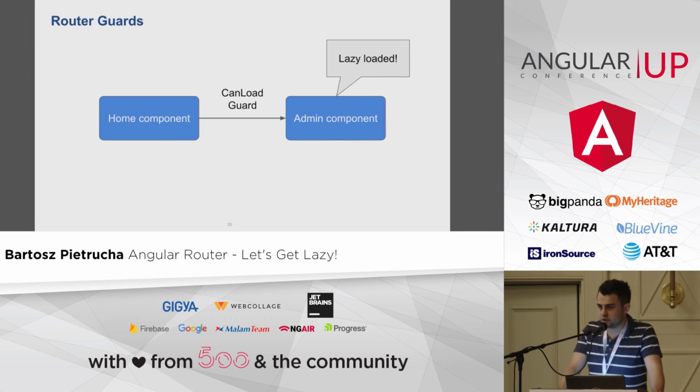But if this component is lazy loaded, we can do even more. We can actually tell the router if it should fire the lazy loading of this module. So if the canLoad guard would say no, the user does not have any permissions, the loading of the particular bundle would not even happen.